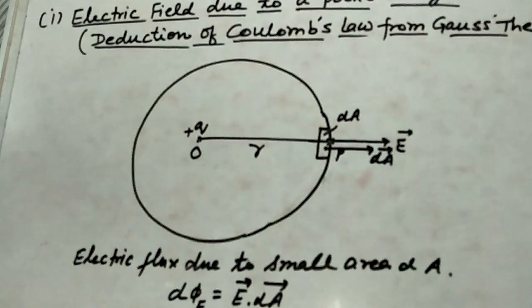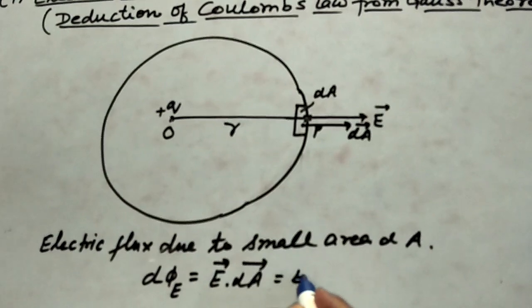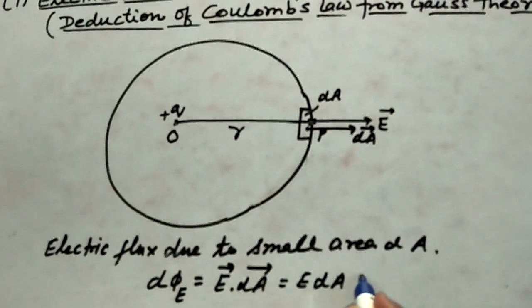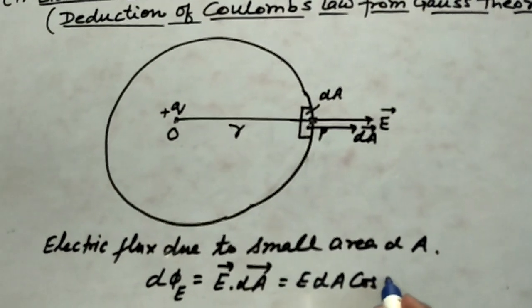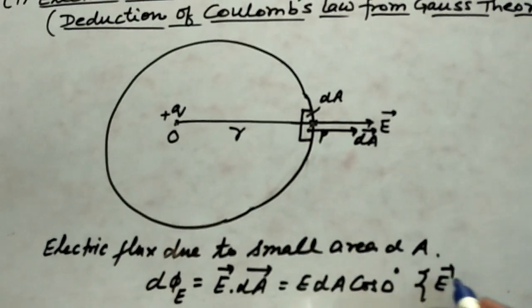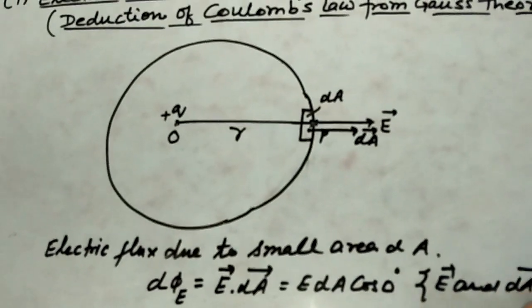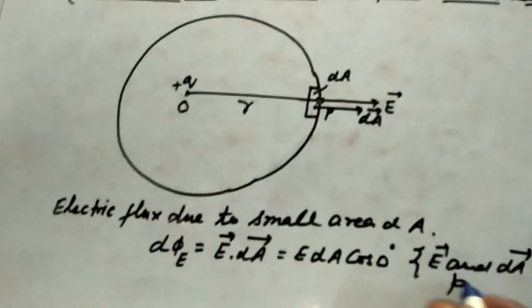So you can write E dA cos 0, because E and dA are parallel.